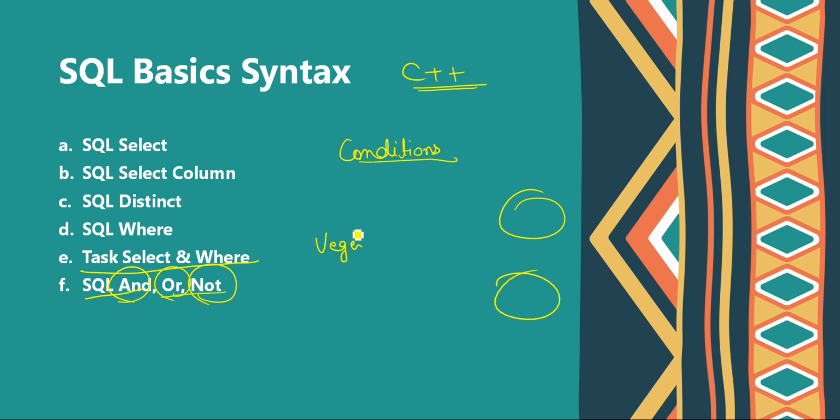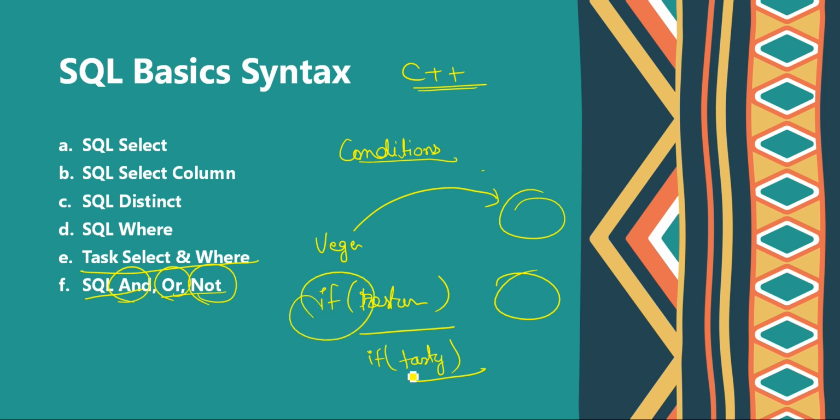If the restaurant is vegetarian, then only I will enter, and after entering I will check if the dishes are tasty, then I will order. These kinds of conditions we have in real life, right?